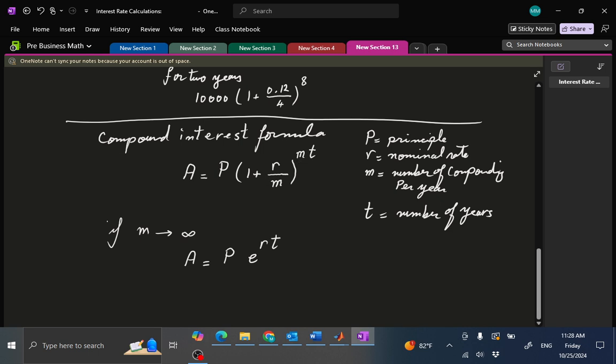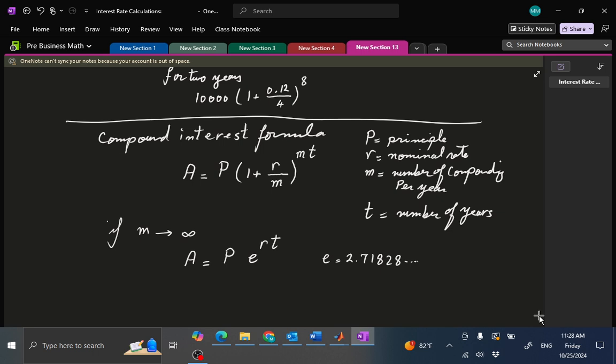That complicated looking formula collapses to something a lot simpler looking, exponential of RT, where e is that famous number we talked about, 2.71828, etc. So it's a theorem of calculus that when m goes to infinity, that formula comes very close to this one.